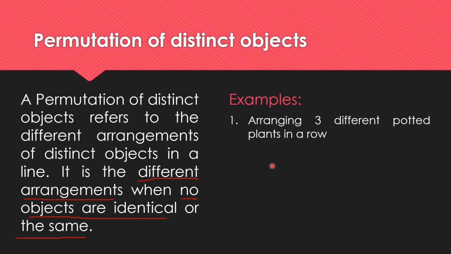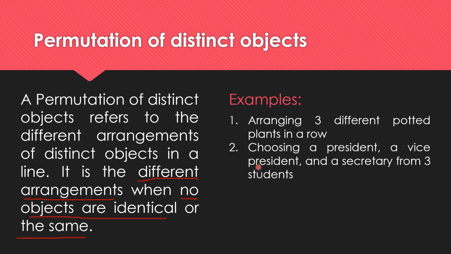The second is choosing a president, a vice president, and a secretary from three students. There are three students that we will be assigning as president, vice president, and secretary. So in how many ways can we assign these three positions to these three students? That's the second example.